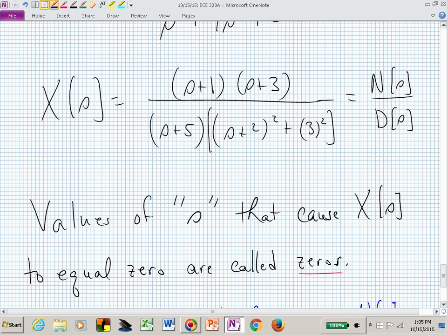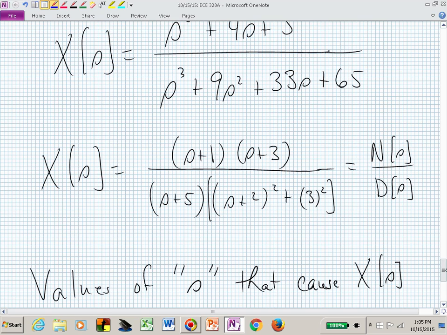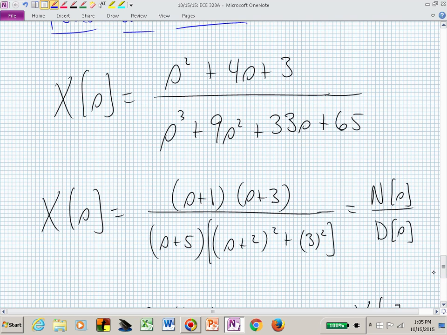What's the order of the denominator? The highest power of s, if you multiplied that out, would be, well, we already did it, before it was factored. S cubed. The order of the numerator is 2. So in this case, you could have an s going off to infinity that would cause capital X of s to be 0. Do you see that? You have 1 zero at infinity.